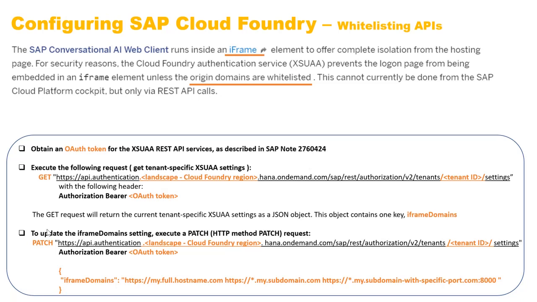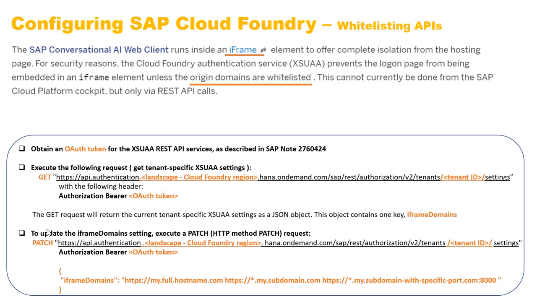So what are the origin domains? You will be using multiple domains in the SAP Conversational AI bot for doing different GET and POST calls. Maybe you will be using a reverse proxy in your conversational UI bot. So before using the reverse proxy or any other domain, you have to whitelist those APIs.